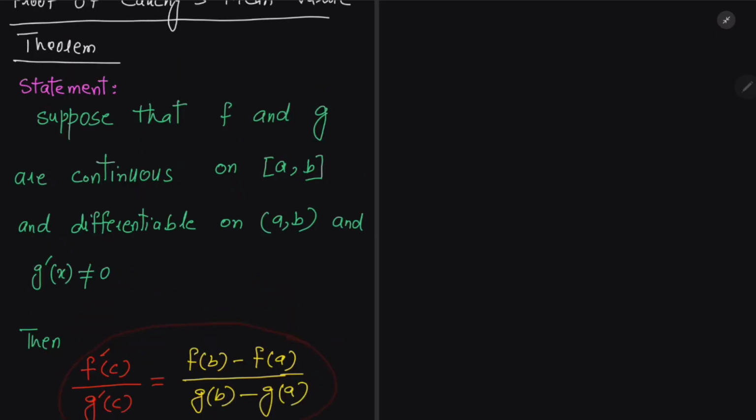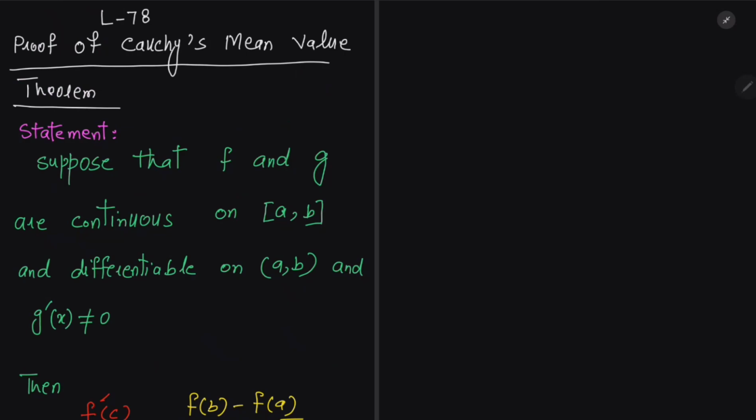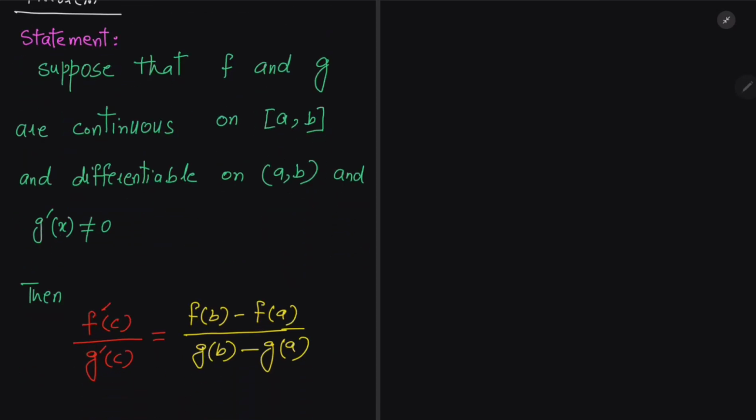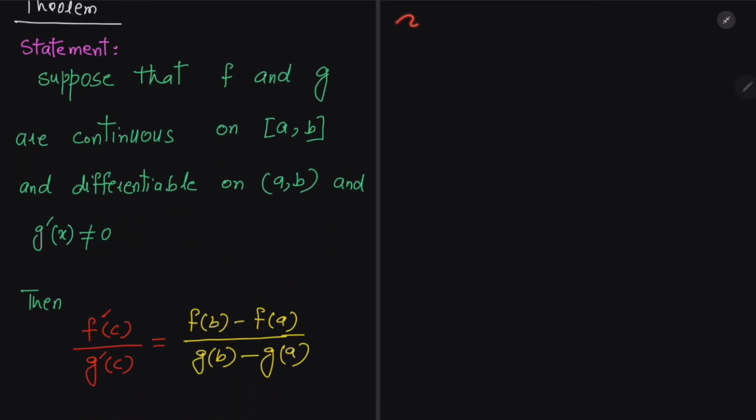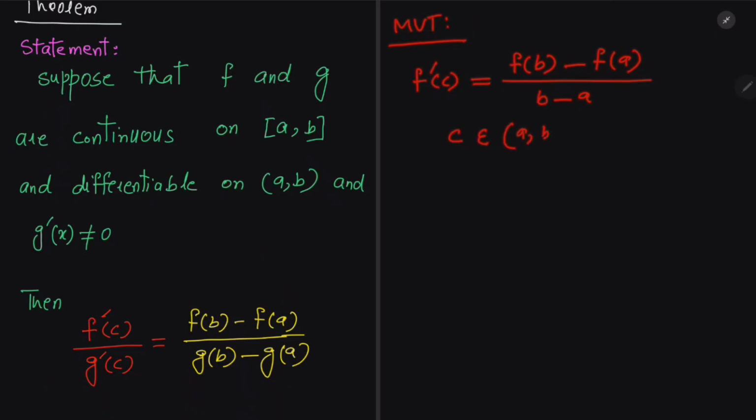We know that the mean value theorem says that f'(c) is equal to (f(b) minus f(a)) divided by (b minus a), where c belongs to (a, b).